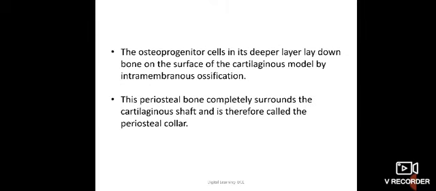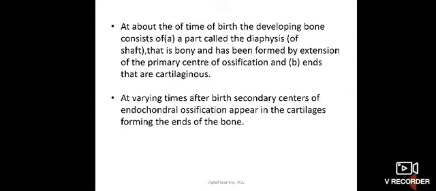The osteoprogenitor cells in its deeper layer lay down bone on the surface of the cartilaginous model by intramembranous ossification. This periosteal bone completely surrounds the cartilaginous shaft and is therefore called the periosteal collar.